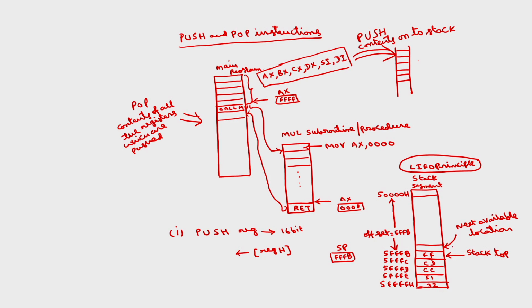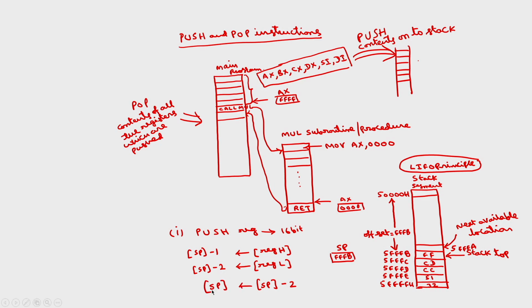This address will be 5FFFA. The offset from 50000 to 5FFFA is FFFA, which is SP minus 1. So this will be transferred to SP minus 1. Then the lower order register contents will be transferred to SP minus 2. Then SP minus 2 will be assigned to SP.